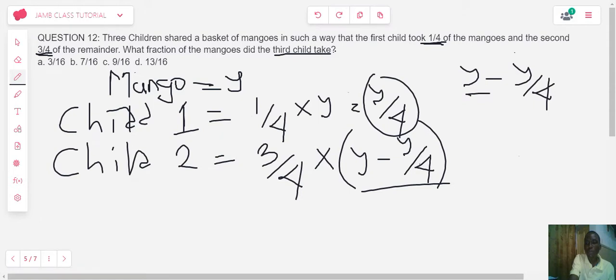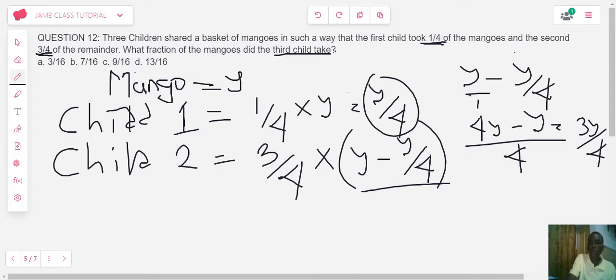If we simplify this, we have 4 as the denominator. 4 divided by 1 is 4, 4 times y gives 4y, minus y over 4, which gives us 3y over 4.